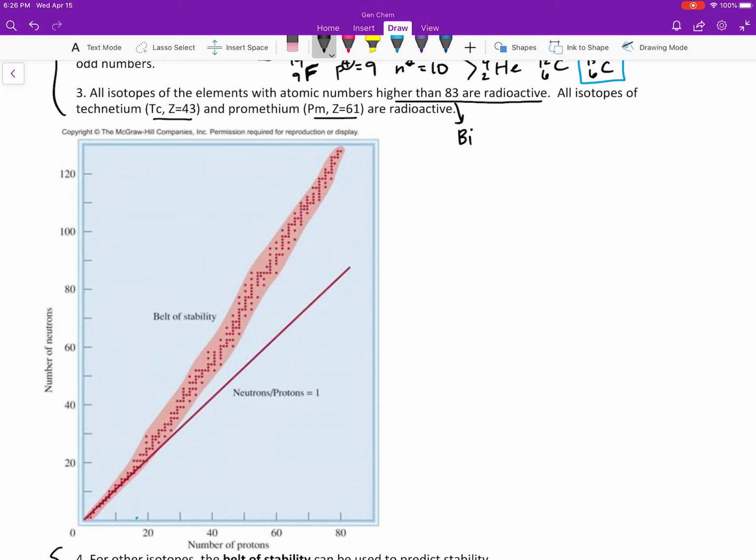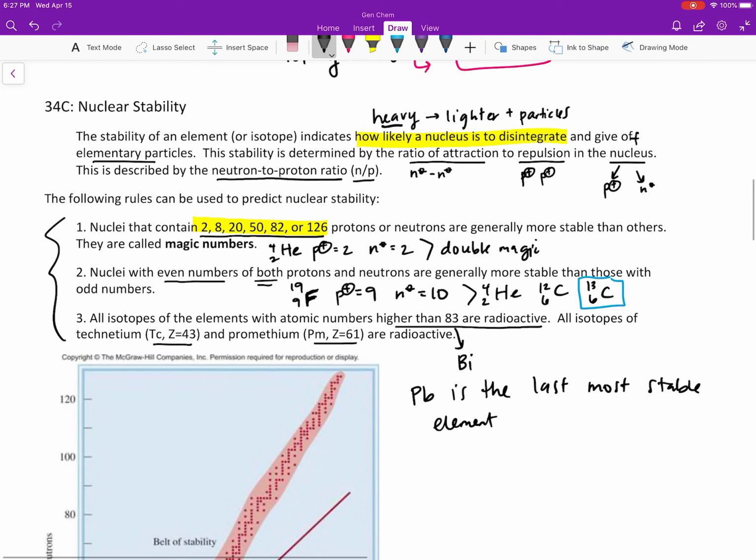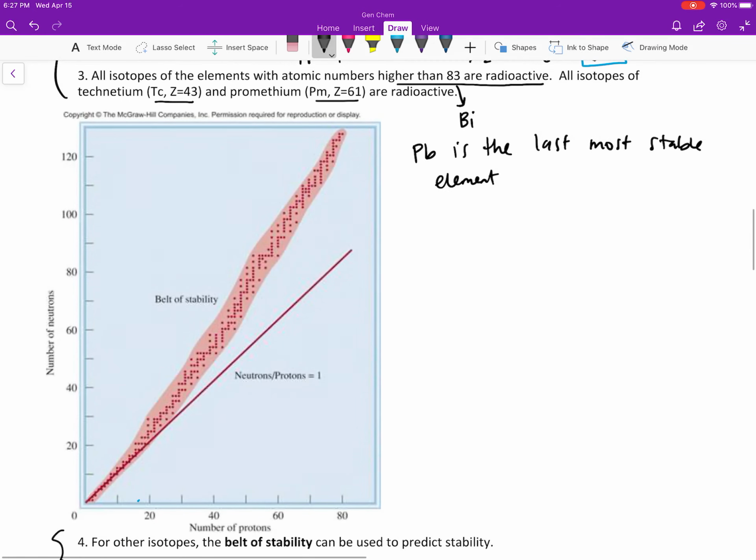Now, one of the things that's important to know is that lead is the last most stable element. And so what we're going to see in our radioactive decay series, when things are breaking apart from something heavy to something lighter, is they're usually all going to end when they get to lead. So uranium is going to decompose and eventually form lead.